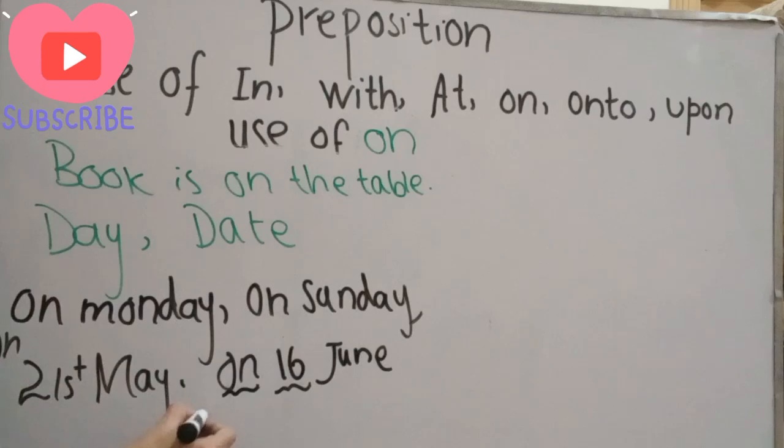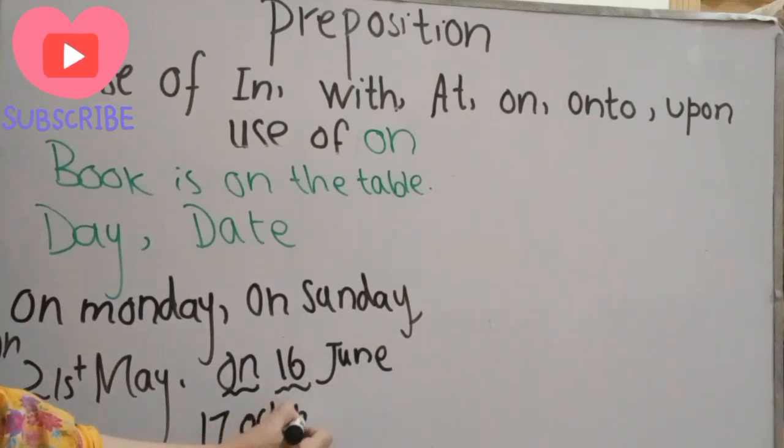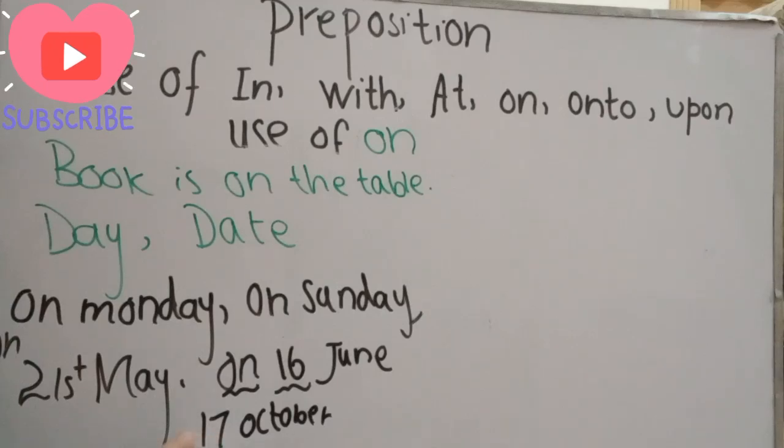If I say 17 October, on 17 October, on 16, on 21st May, on Monday, on Sunday. With day and date, what will we use?